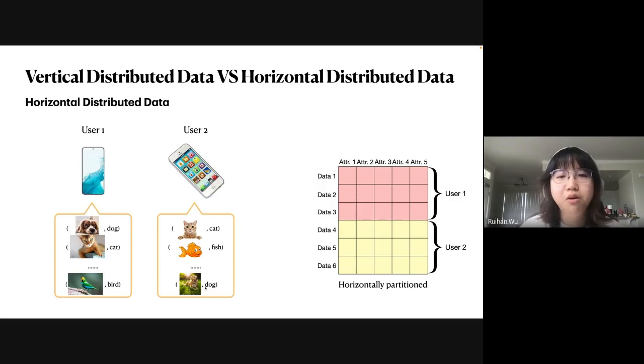In this example, each user has complete single data, but they have different pairs of data. In the form of the data matrix, different users have different rows of this data matrix, or say the data is horizontally partitioned.